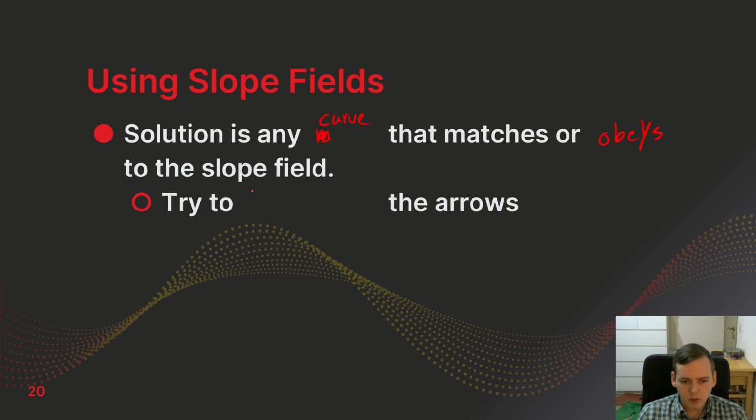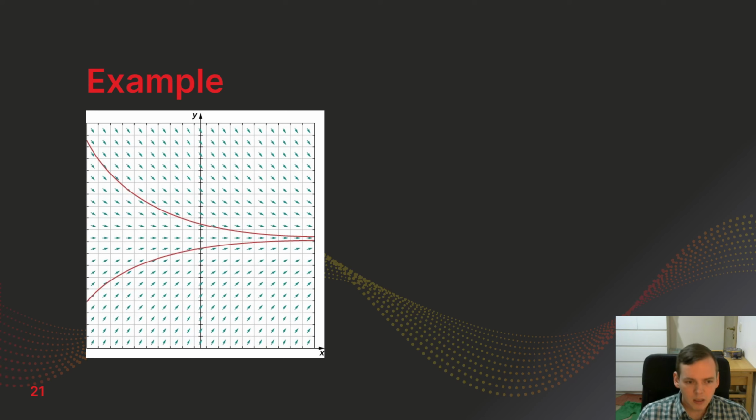So what you do is you try to follow the arrows to sketch out what that function might look like. So for example here, we've got the function T prime of t equals -0.4 times t minus 72. And we're way high up here, like these are in the 70s right now.